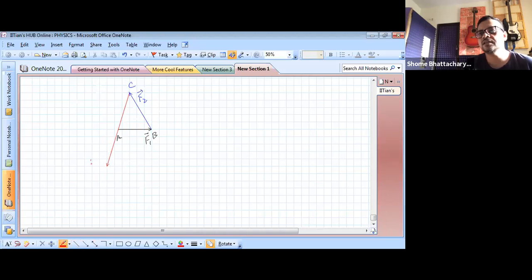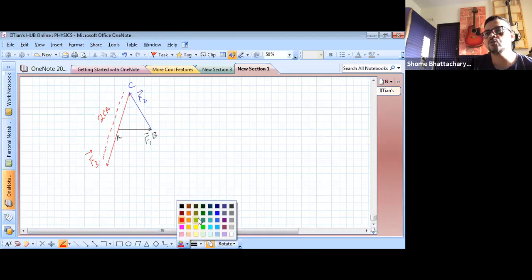So this is my F3, where if this side is CA, the total length is twice of C. So now you can see what my resultant of this is. The resultant is from the origin of E to this.